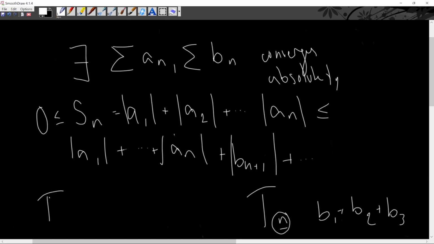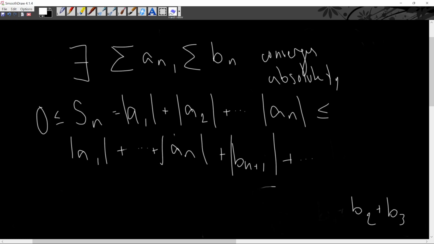Goes to n plus 1 and n plus 2 and n plus 3 because n is a finite value. So t is equal to b1 plus b2, and then dot dot dot, plus b sub n plus b sub n plus 1, and then continue dot dot dot, because it will continue past n. T sub n is just the sequence up to a specific n value.